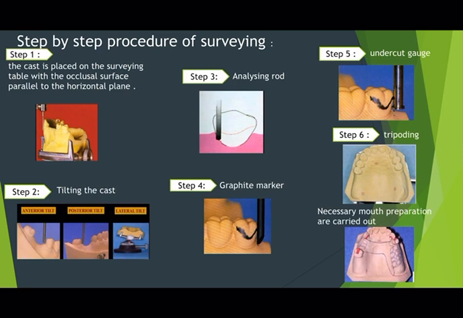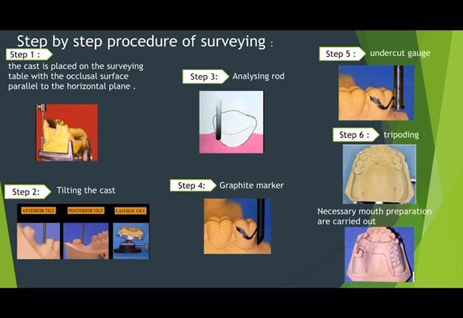After tilting, step 3 will be placing the analyzing rod, a cylindrical metal rod, to determine the relative parallelism of one surface to another. These are called paralleling tools. It makes an initial assessment of the path of insertion.